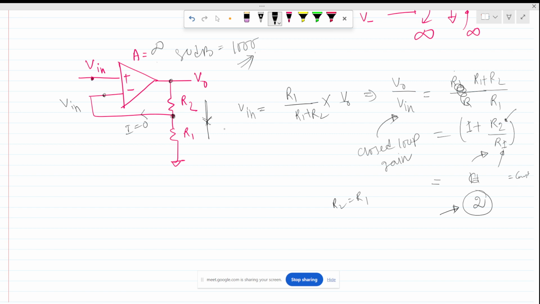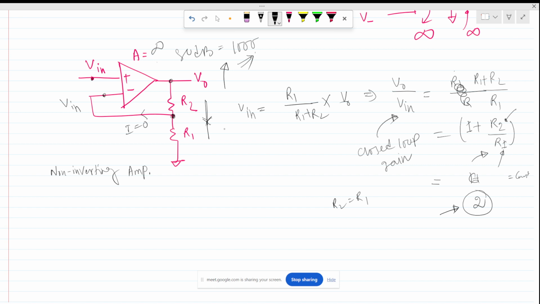In our practical circuits we do not need this type of gain. We always go for closed loop behavior, and in a closed loop system the circuit becomes more stable, more controllable, and so on. So this configuration is called a non inverting amplifier.